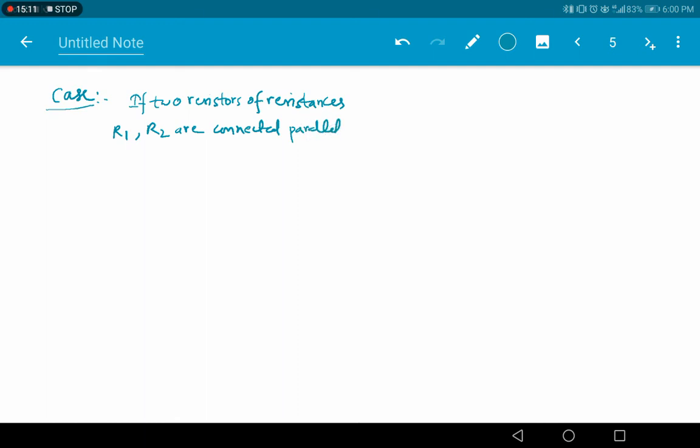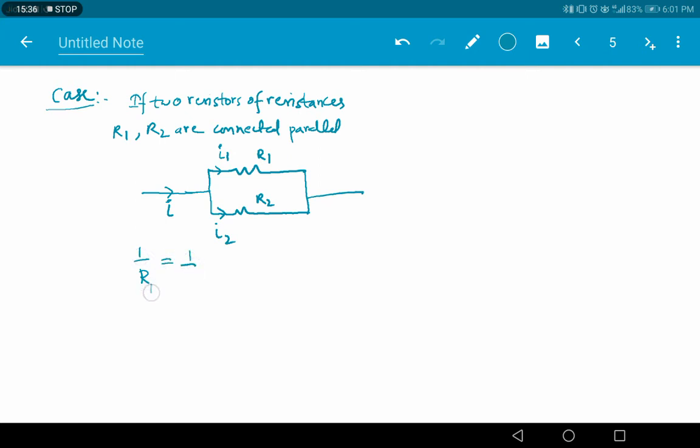Okay, if two resistors are connected in parallel, R1 and R2. Suppose I is the current entering here, it splits as I1 and I2. So now we can write, in the case of a two resistor system, 1 by R effective is equal to, I am writing R12.